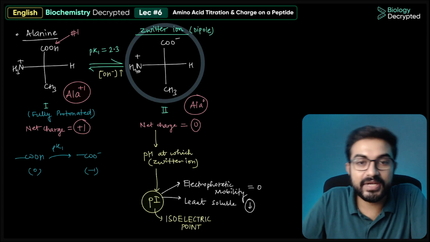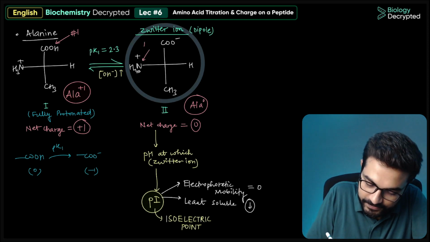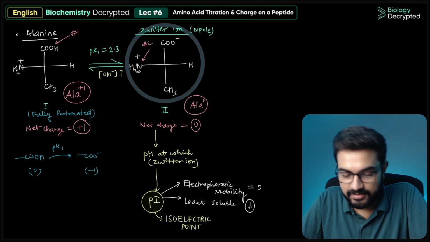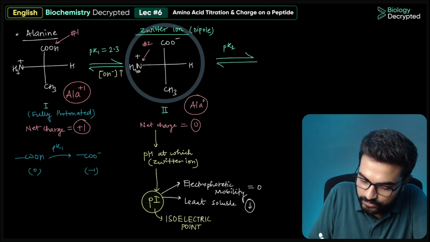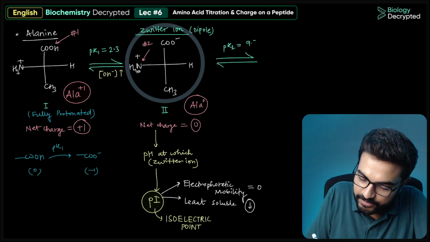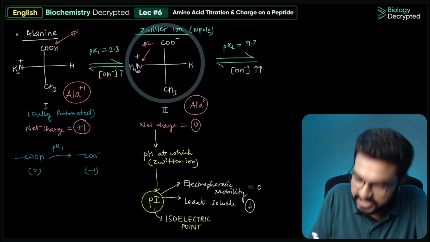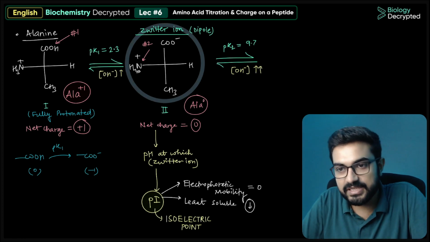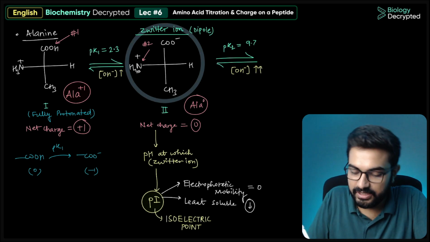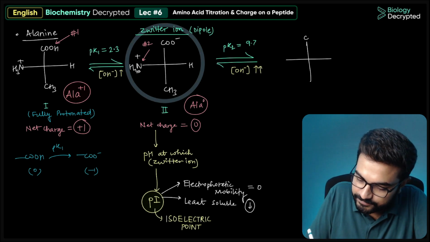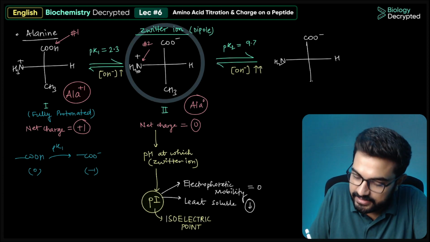Now let's come to the next ionization. The next ionization is obviously this NH3 plus group. The second ionization will start to occur. Now there is pK2, and the value of pK2 is approximately 9.7, and here obviously the pH is much greater, as you can see, and as a result this NH3 plus is also deprotonated, and what you finally get here is COO minus, H, NH2 and CH3.